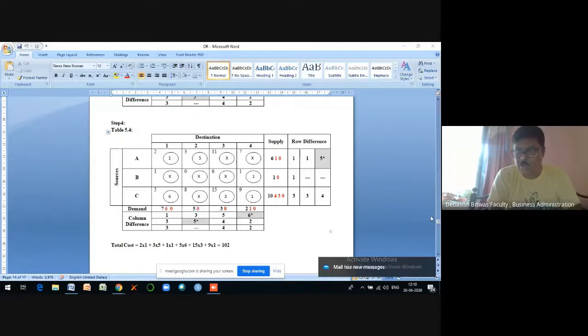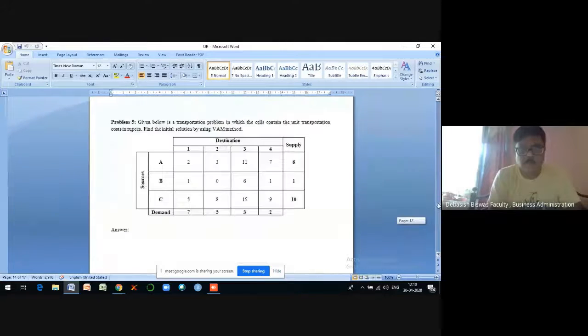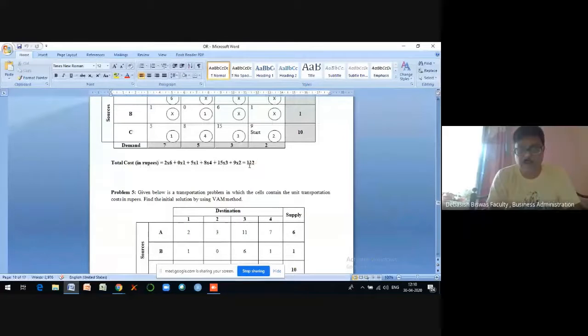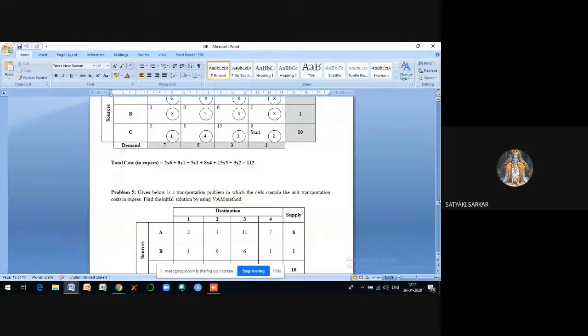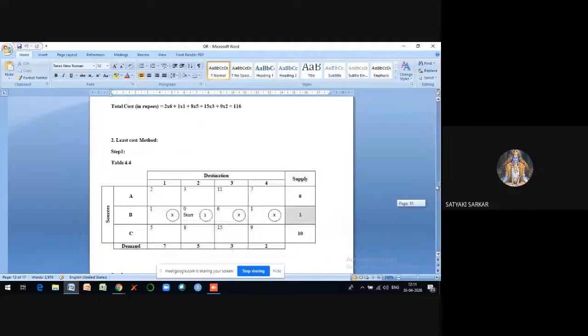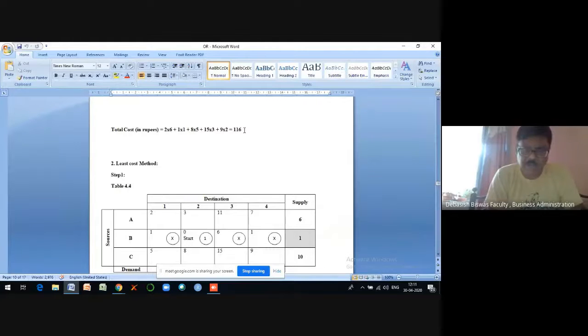Now move to your northwest corner method. Sir, least is the VAM method. Least cost method, it is 112. Yes, sir. And if you go to northwest corner method, 116. Yes, sir.